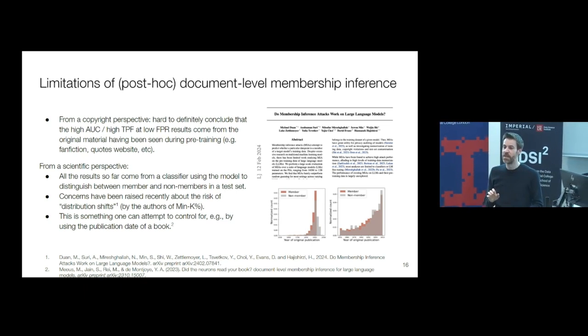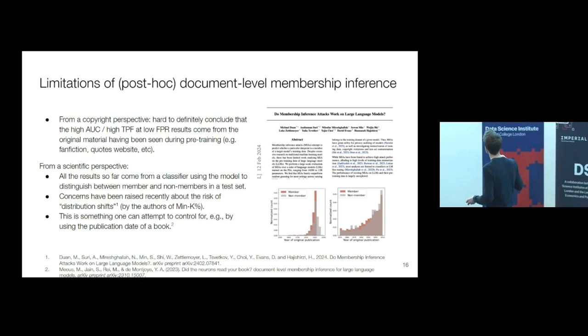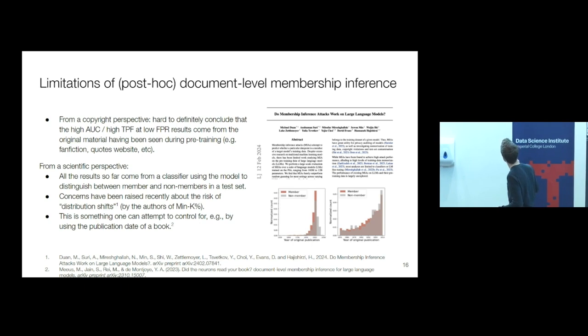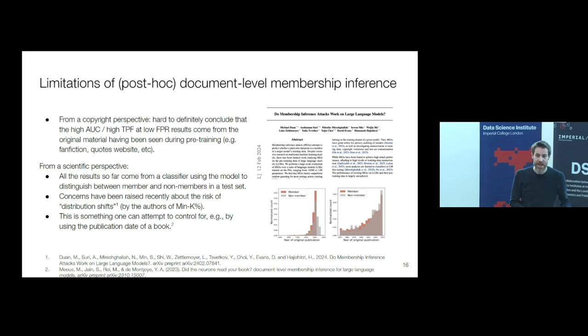And obviously, any one of you, if I give you a book written in English from 1850, it will be trivial for you to tell me whether this is a book published last year or a book published in 1850. And this even slight distribution shift maybe means that what the model actually learns is that this is an old book versus a new book, not that it has been seen during training or not.